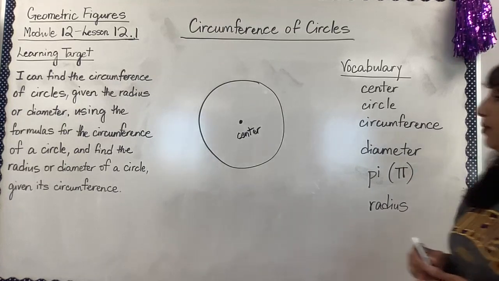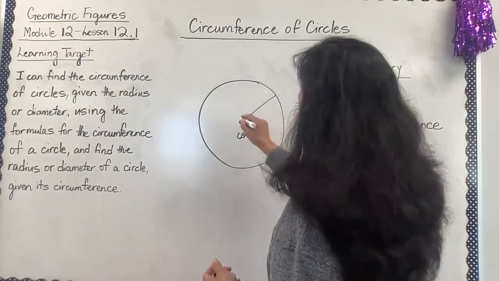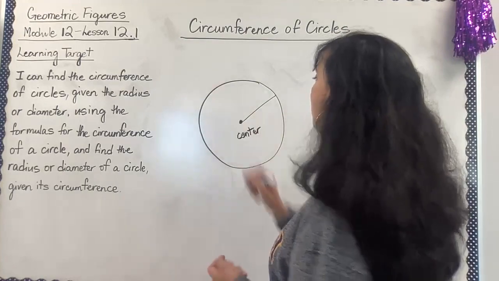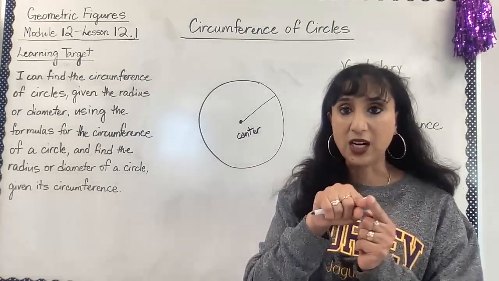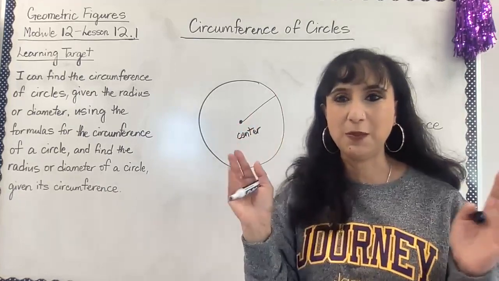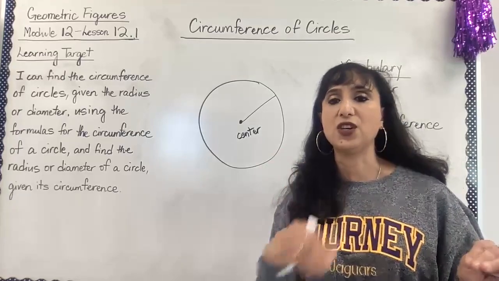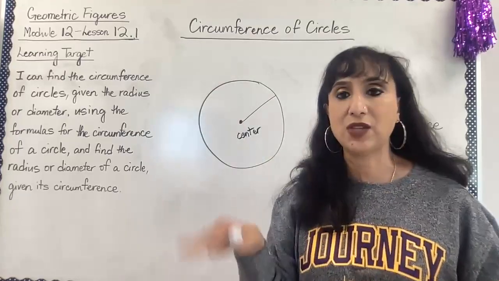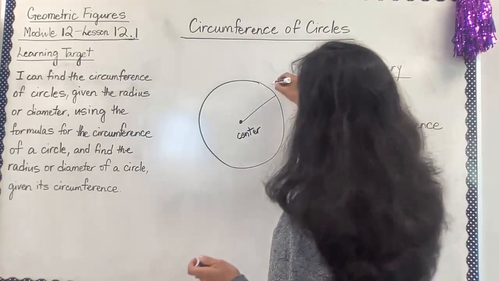Now, that means this part. If I do this, it doesn't matter which way I go. It is going to be the same distance. This distance outside the shape we don't call perimeter, because perimeter is for flat surfaces. In a circle, we call the distance outside the shape the circumference. Right, this is called the circumference.